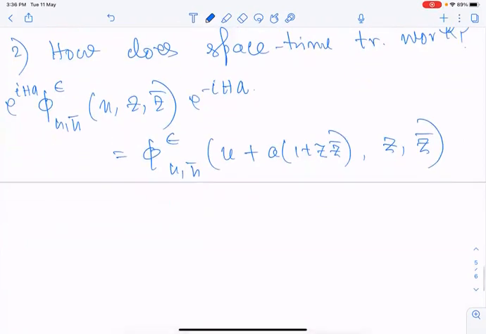Similarly, you can do the same thing with, say, P1, P2, and P3. So I'll not write them.